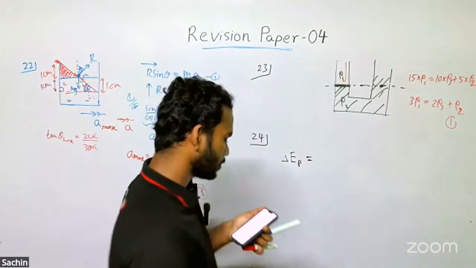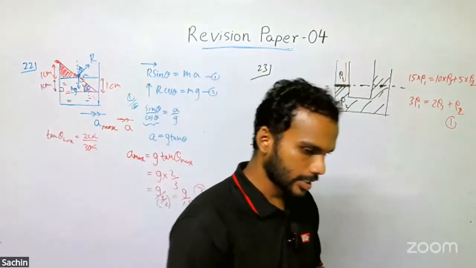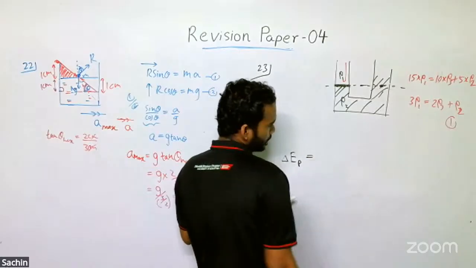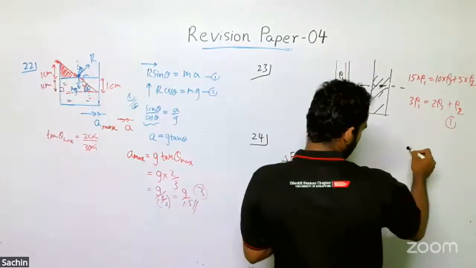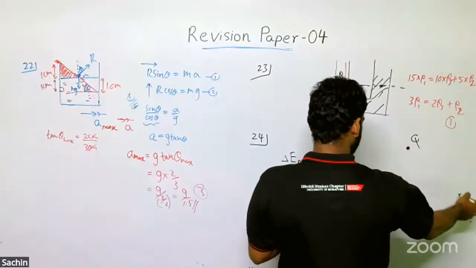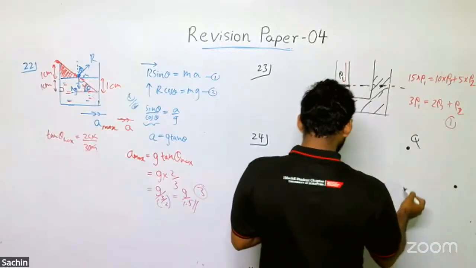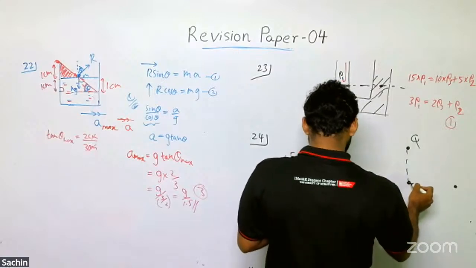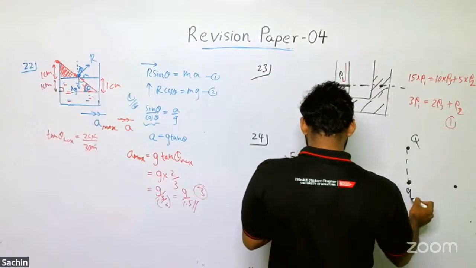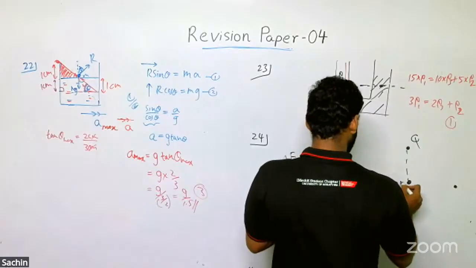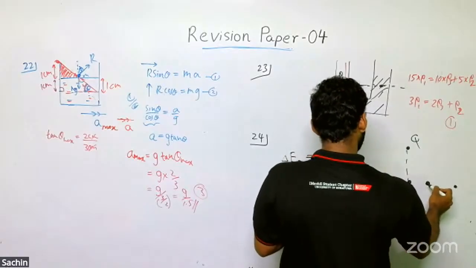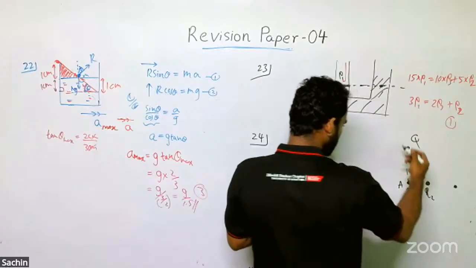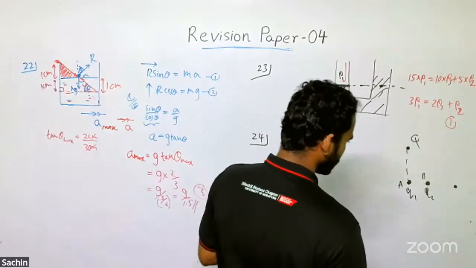So which component causes the change in potential energy? The change in potential energy comes due to the change of position of this plus Q. Plus Q builds up potential energies with the charge Q1 at A as well as the charge Q2 at B. So initially there was some potential energy.